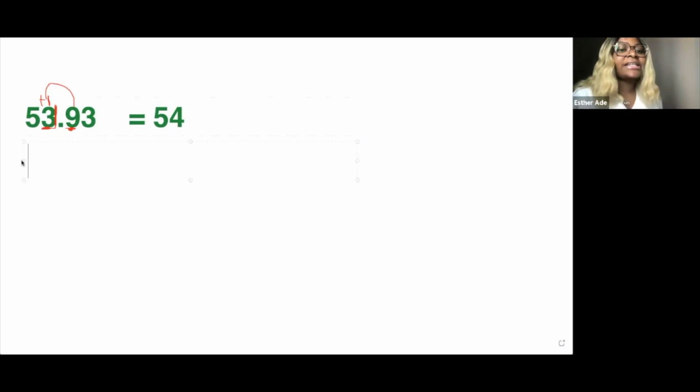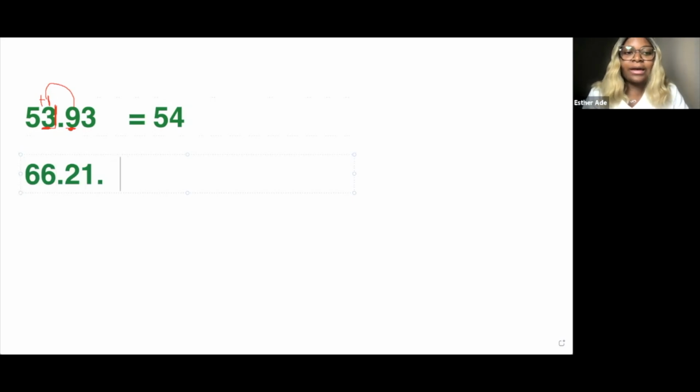All right, moving on to the next one. We have 66.21. What would that be to the nearest whole number? All right, your right answer should be 66.